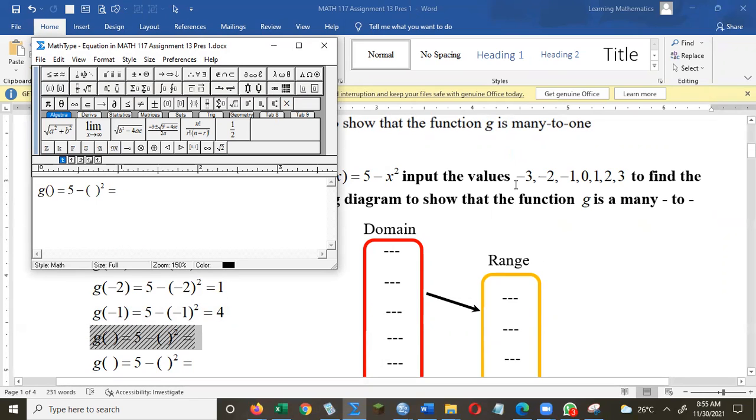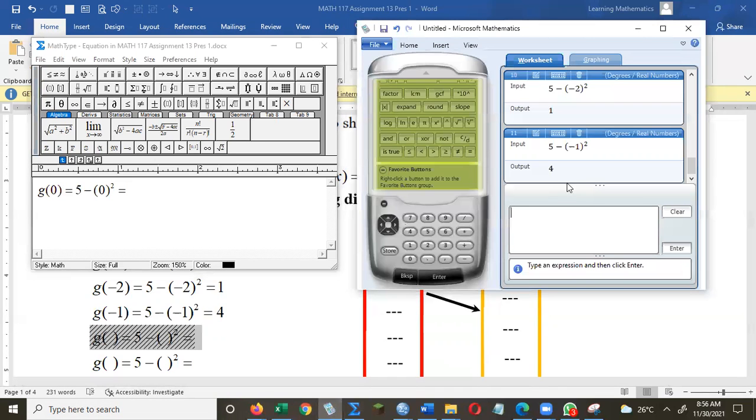Just let me go over. We did -3, -2, -1, and 0. Someone said 0, so we're on 0 now. So we're finding g of 0. What comes after the equal sign?